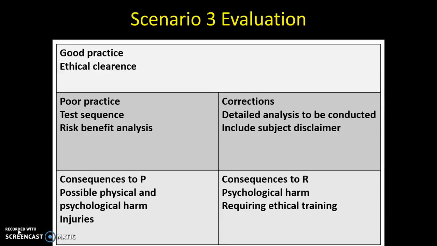So, in terms of evaluation for scenario 3, we start off with the test sequence. The test sequence of the study relates to the order of the tests which are carried out during a scenario. More specifically, the order of the tests that a participant must endure must allow for enough recovery periods.